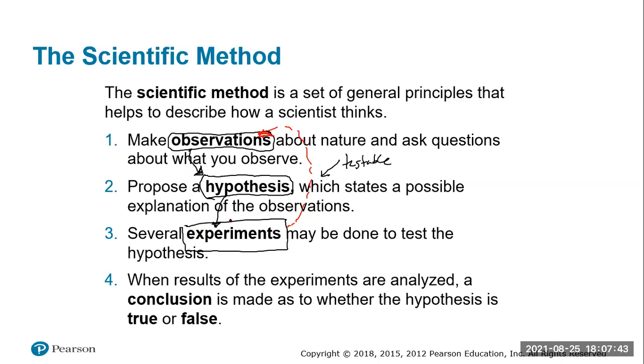It can perhaps turn into a hopefully never ending cycle, but hopefully it ends at some point. But ultimately, we usually end up at some point with one of two things. Either a theory is developed through this method, or what is sometimes referred to as a law. And there is a difference between those two things.